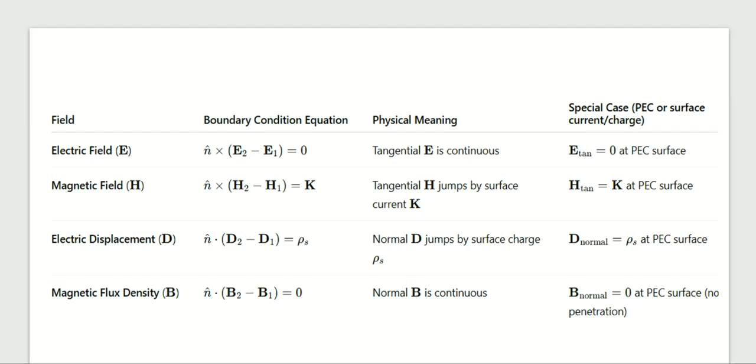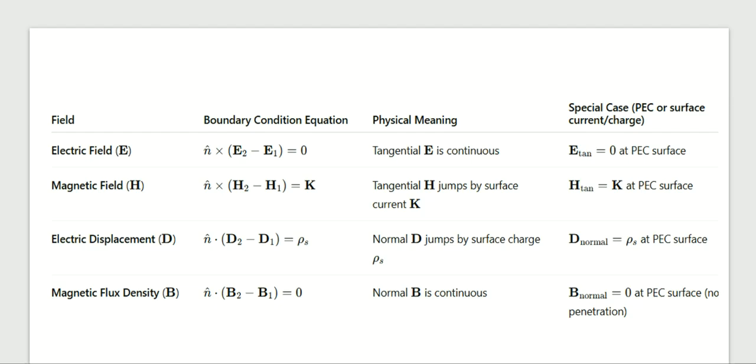So electric displacement is pretty much what's creating the electric field. These D and E are relatively connected to each other, but if you take the same equation and replace the E with the D, you get the surface charge density, or ρS. It's the same thing as the magnetic field intensity.